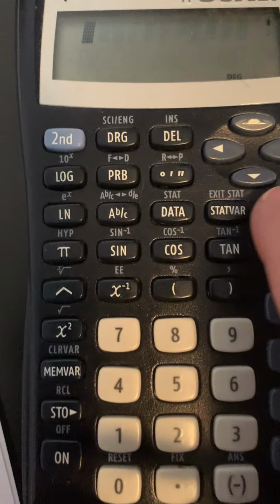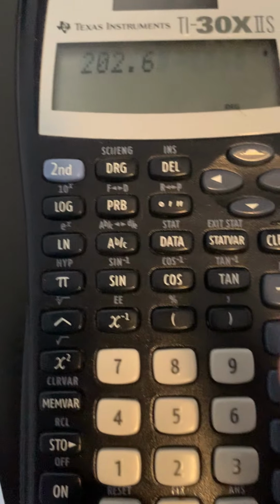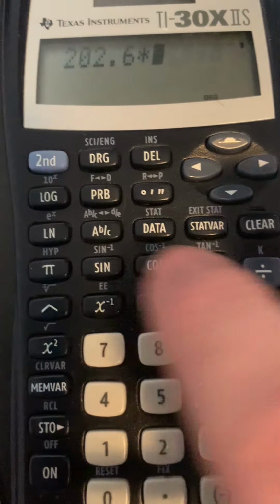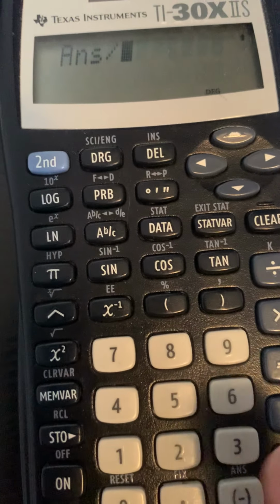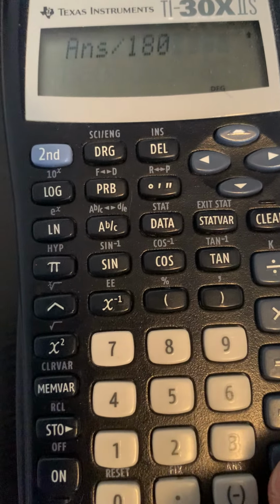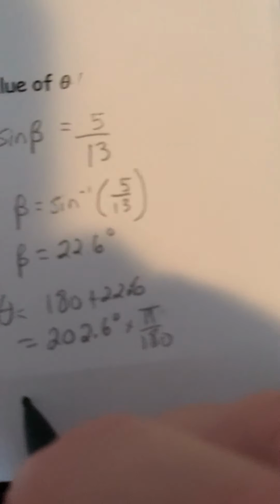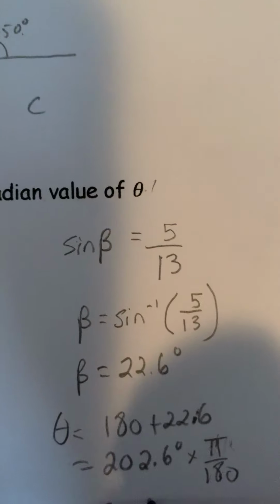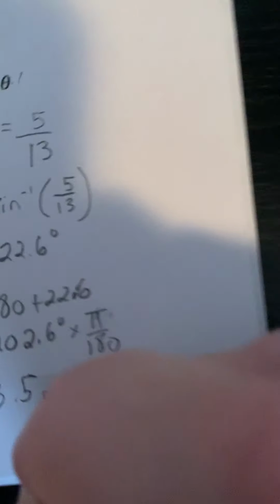Sorry, that's wrong. It's 202.6 times pi divided by 180. Then we get a radian value of 3.5. So it is 3.5 radians. So we put rads.